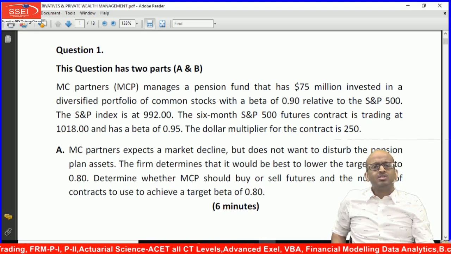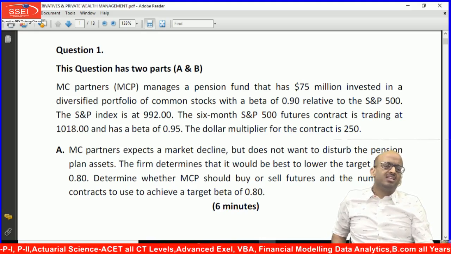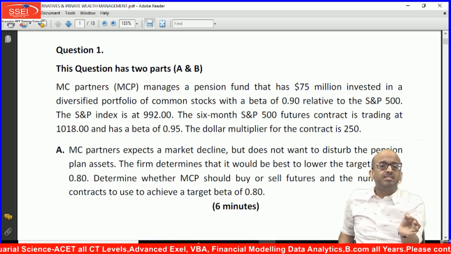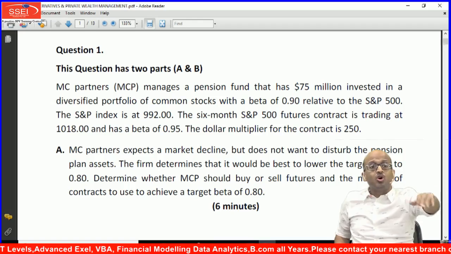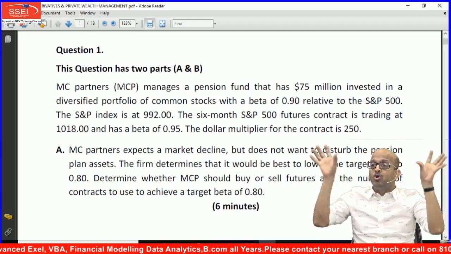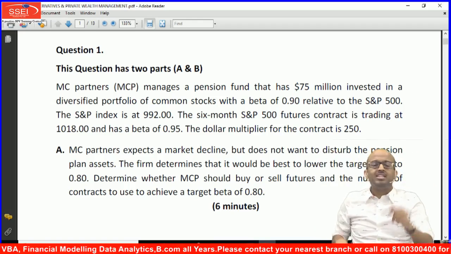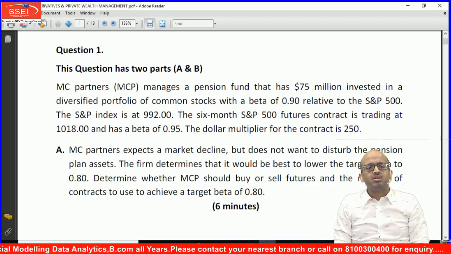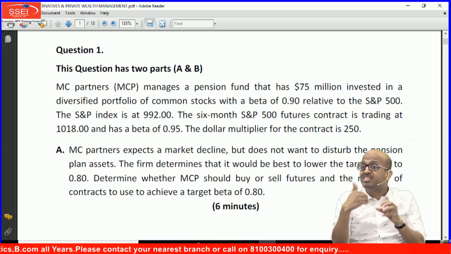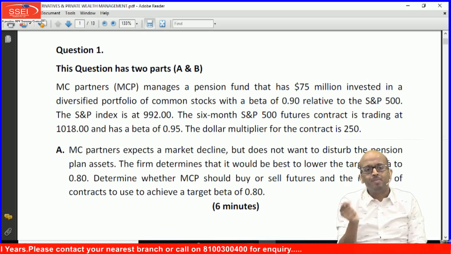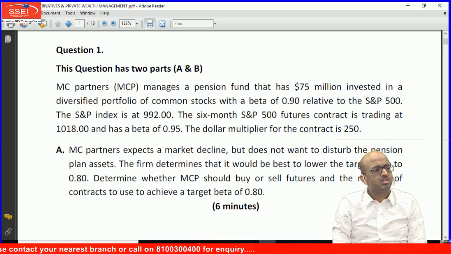Okay? You know something, if you believe while trading a stock that it will unsystematically go up, but you don't know about the systematic, simple: buy the stock, sell Nifty futures. I'm talking about you trading. Because in that case, what will happen?